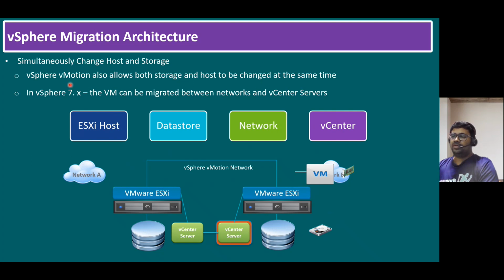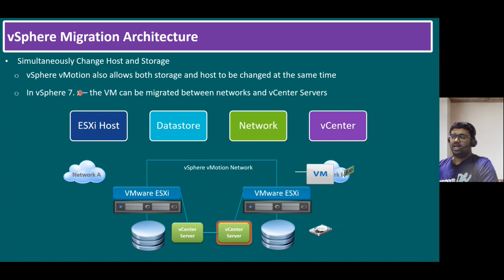This is in vSphere 7.x, and 7.x means 7.0 Update 1, Update 2, and Update 3. I just came to know that VMware may come up with an 8 series, maybe this year or next year, but they will officially announce it soon. 8 is also on the way. I'm guessing that we already have vSphere, vROps, Log Insight, and also vRA and vRO, all in an 8 series, and they are matching vSphere with the 8 series in future.